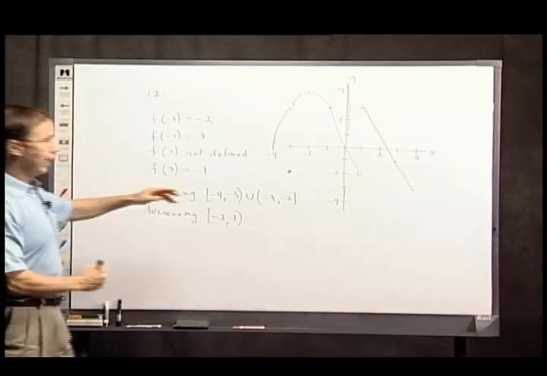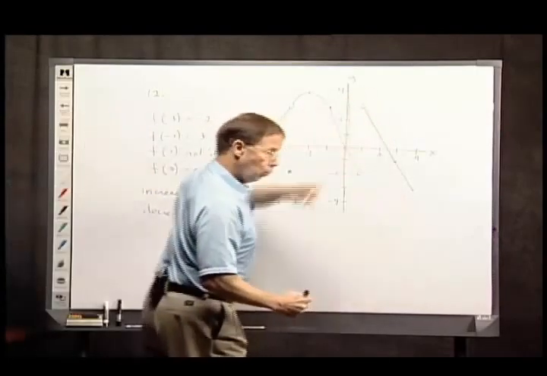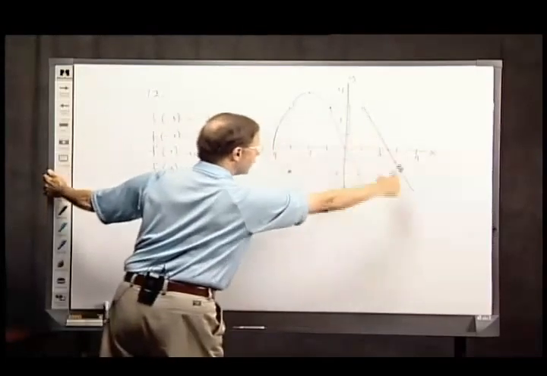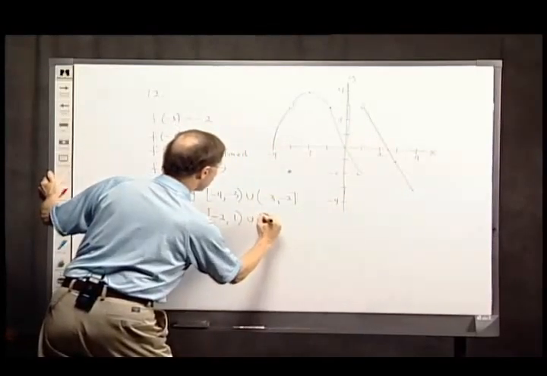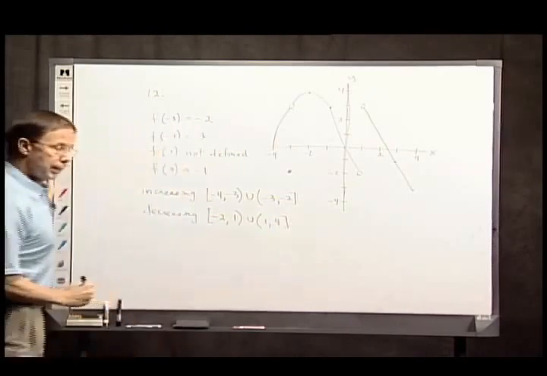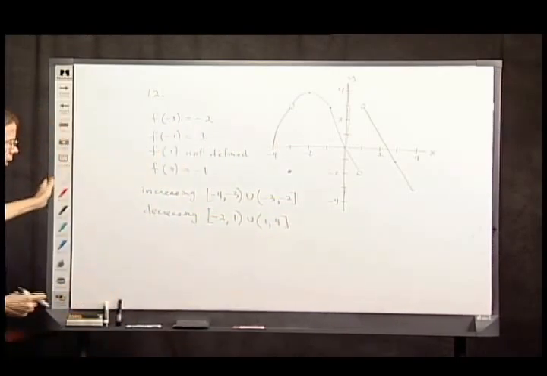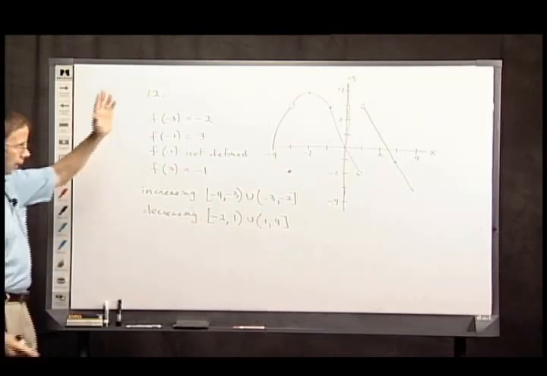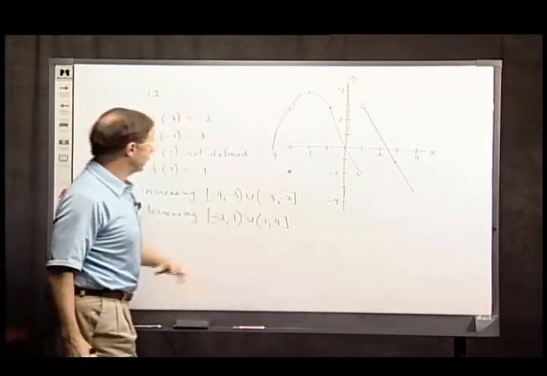It perks up again on the other side of 1, however. It's going down in this piece. So from 1 to 4, it's decreasing. So this is all the information I was trying to get out of this graph.